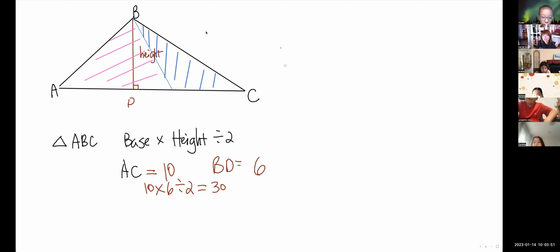Okay, everybody understand? Okay, so I put this one E. So we have a new triangle ABE and a new triangle BCE. Understand, everybody? So BCE is the blue one and ABE is the pink one. Everybody understand?